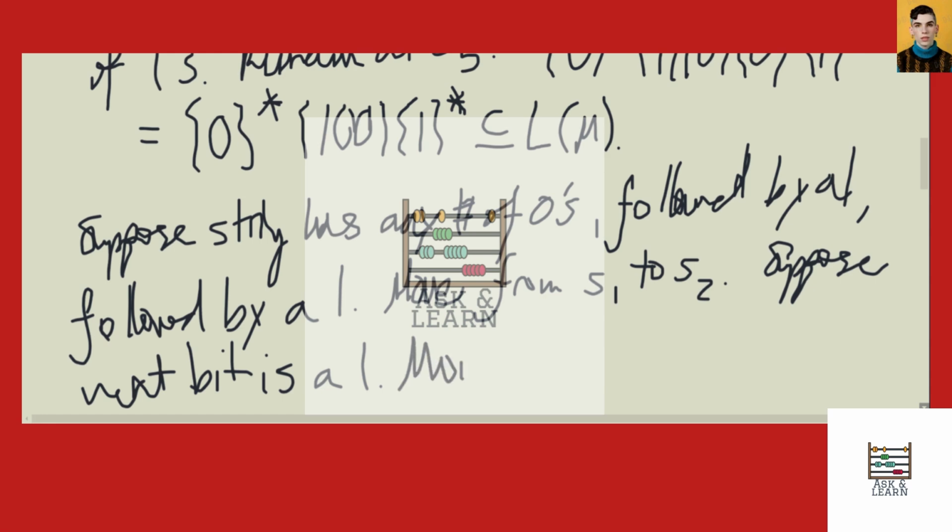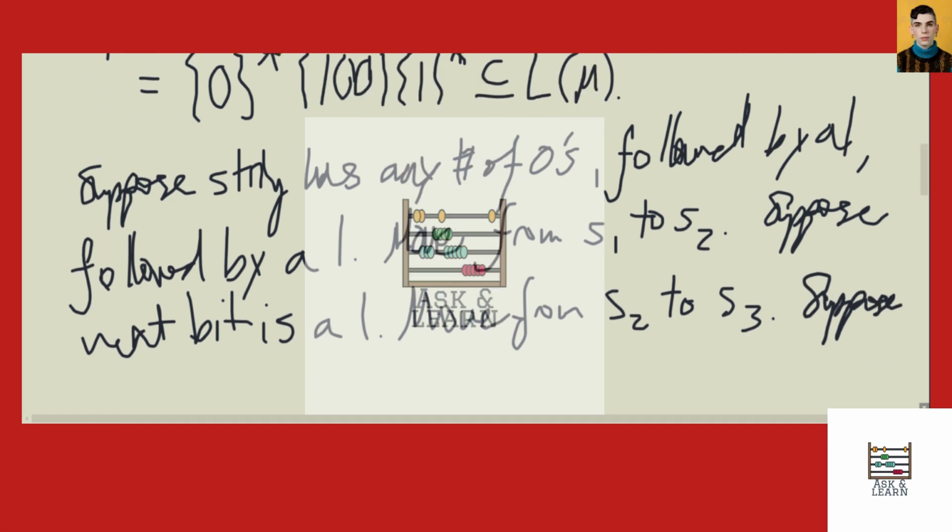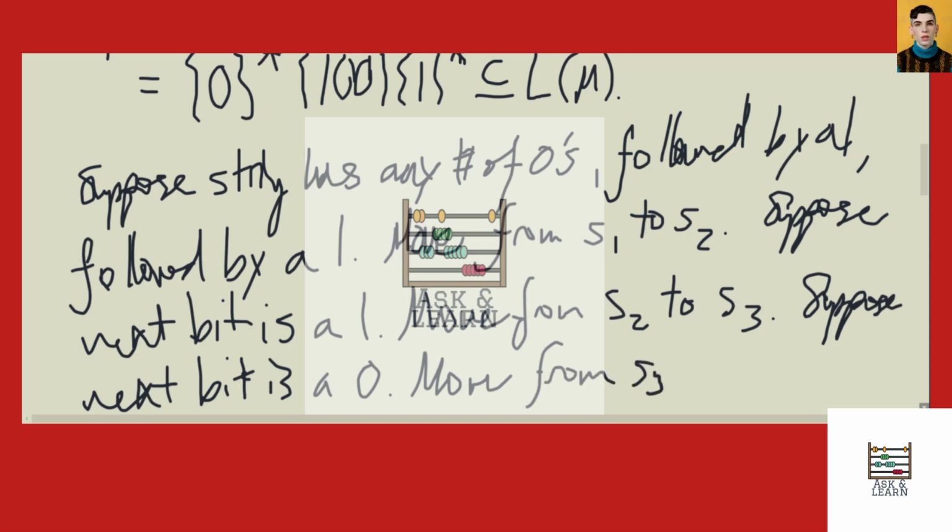Then we're going to move from S2 to S3. And then, again, we want to avoid S4, so let's suppose the next bit is a 0. And we're going to move from S3 to S5.